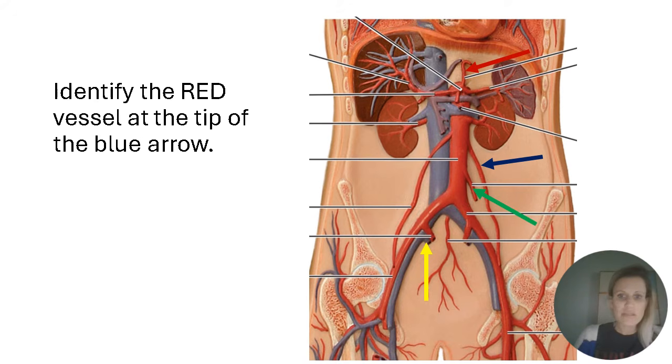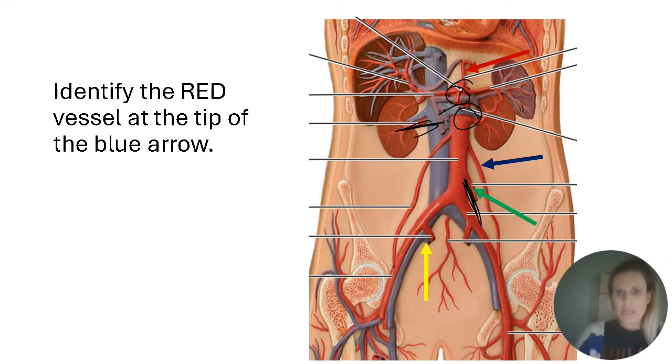The red vessel at the tip of the blue arrow. All right, so we talked about the 3 branches off of the aorta that are not paired, like that there's just one of them. Remember, that was the celiac trunk, the superior mesenteric artery, and then over here, the inferior mesenteric artery. We also have a couple paired vessels, so vessels where there's a left and right that come off of the aorta.